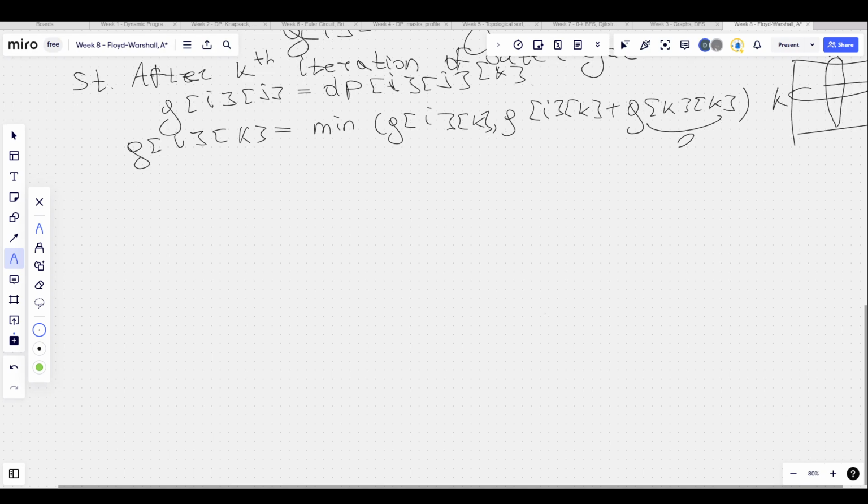So how can we construct our shortest path?